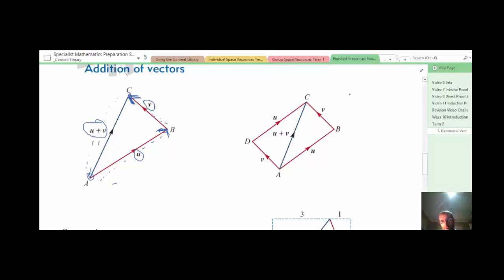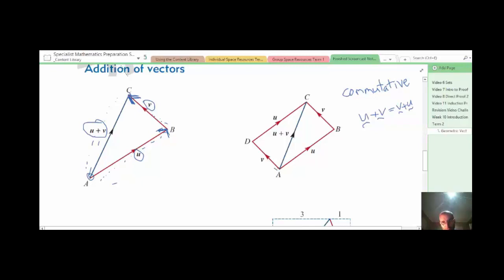Vector addition is commutative. From your early work you might know that commutativity is where you add things together, and if you change the order of the addition, the result is still the same. So u plus v equals v plus u. We can show that in a number of ways.